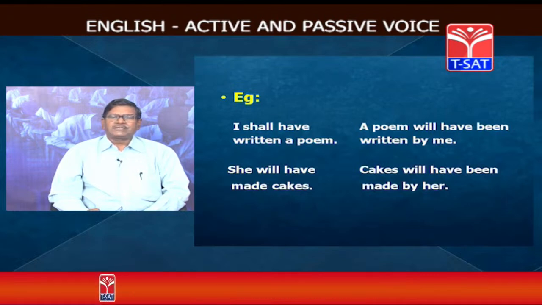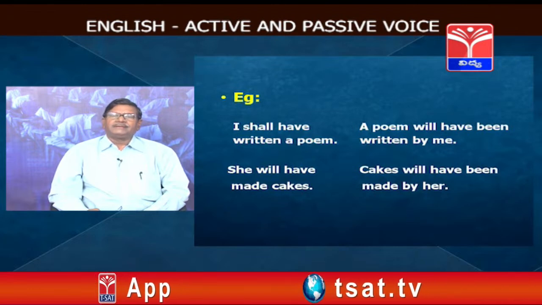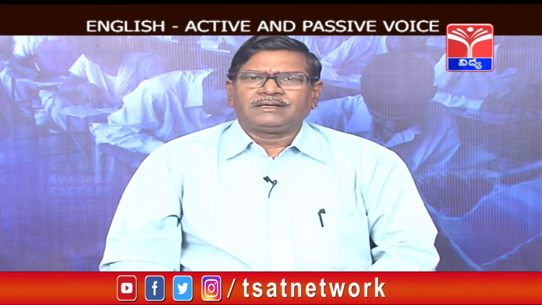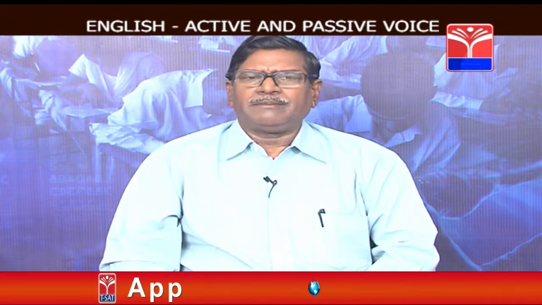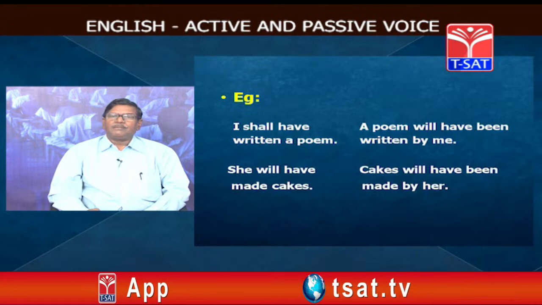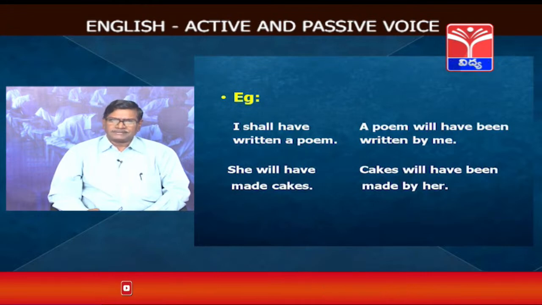And in the passive voice, will or shall have been; the be form comes and occupies the place after have. It can't be be, it will be been. I shall have written a poem becomes a poem will have been written by me.